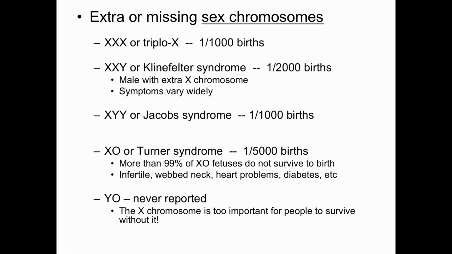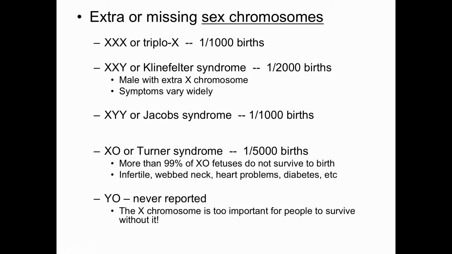The next one on our list is Klinefelter syndrome, which is XXY. So here we have a male XY with an extra X. It's possible to have even more X's, which would be like XXXY or XXXXY. So this is called Klinefelter's syndrome.